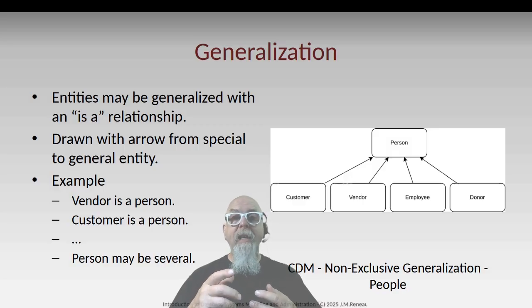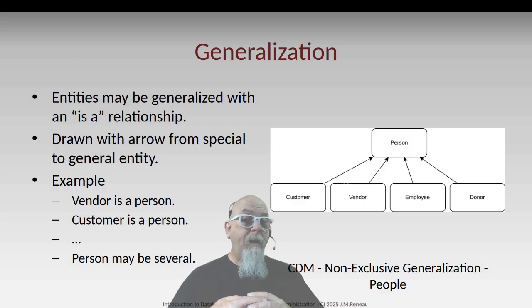So we can see that the arrow goes from the customer entity to the more generic person entity. Sometimes instead of it being called a person, it can be called an actor. It might even be called an entity, even though that could be confusing, naming your entity.